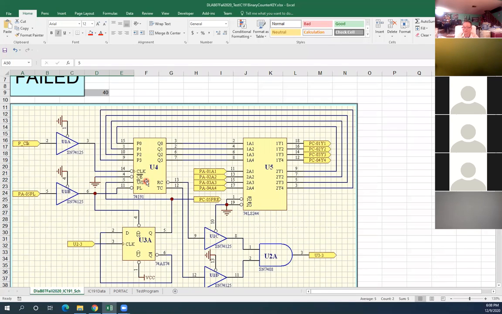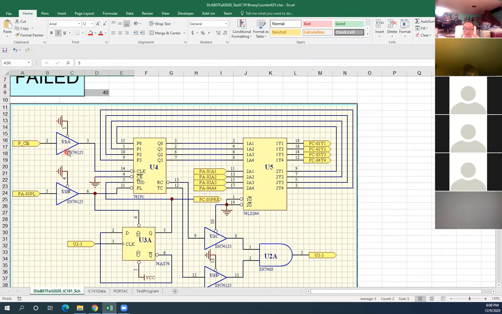Okay, I tell you, you forgot this guy. U1 clock. Yeah, the clock, if this guy is not working, the clock is not coming. You see that? U1A.